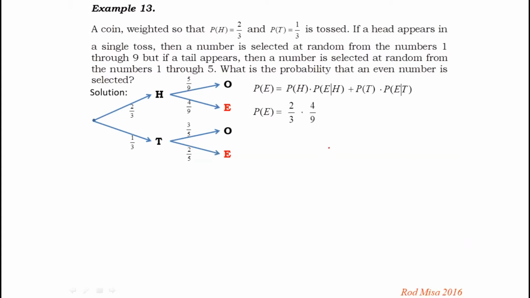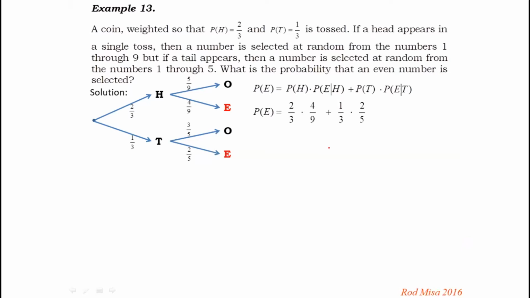and the probability of selecting an even number given a head as a result of tossing the coin is 4/9. So we have 2/3 times 4/9 plus the probability of having a tail when you toss the coin, which is 1/3, times the probability of selecting an even number given a tail, and that is 2/5.